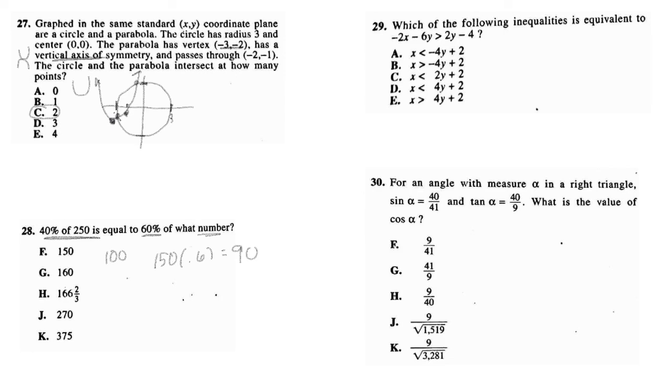So let's try 160. So 160 times 0.6, that's going to give us 96. So if this is 90, that wasn't 100, or it would be our answer, right? That's kind of crazy. Let's see, where did my eraser go? There it is.